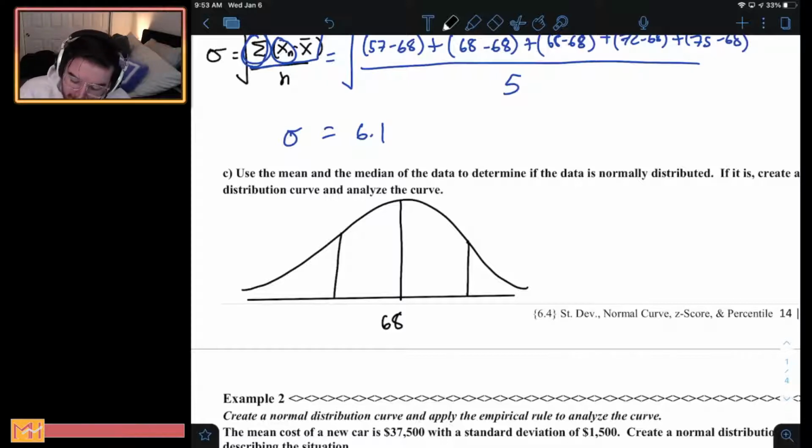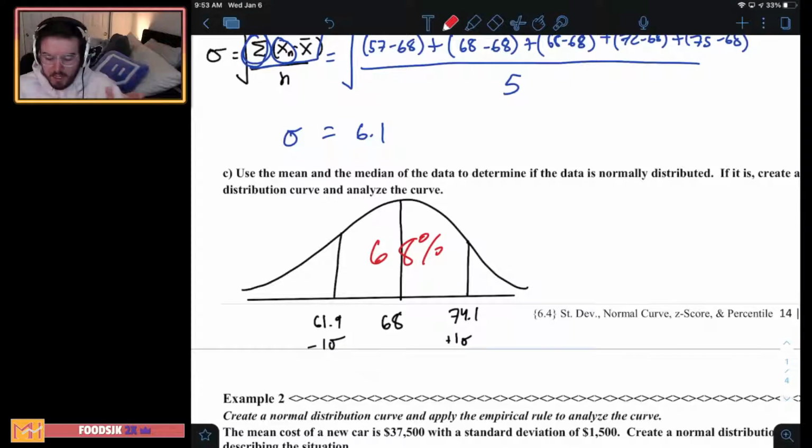So add 6.1 to 68 and you get 74.1. We just added one standard deviation. And then on the other side, 68 minus 6.1 is 61.9, and we subtracted one standard deviation. So 68% of the data is right there.